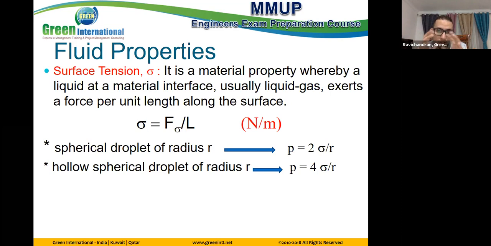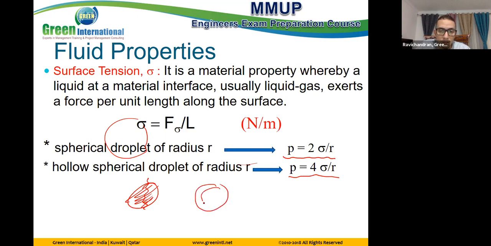For a liquid droplet, the internal pressure inside needed to keep the shape of the droplet is equal to 2 sigma over r. On the other side, for a hollow spherical droplet, the pressure inside is equal to 4 sigma over r.